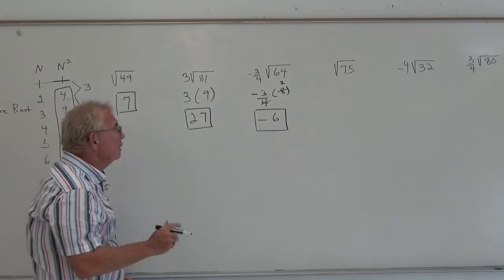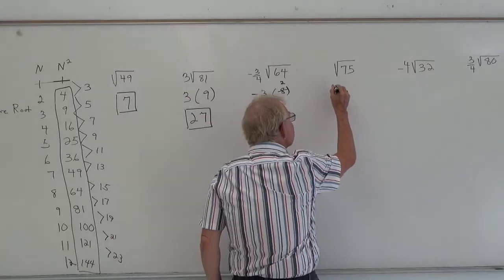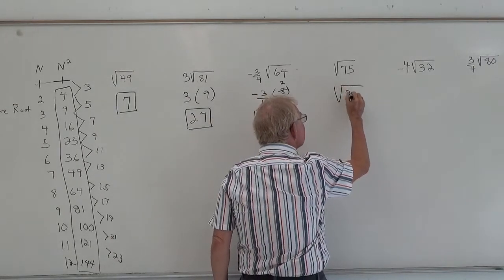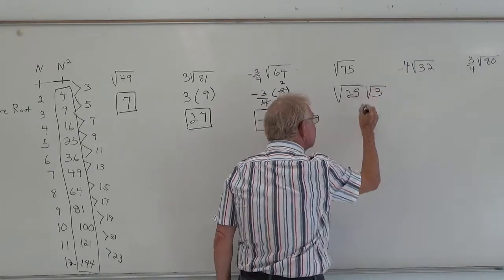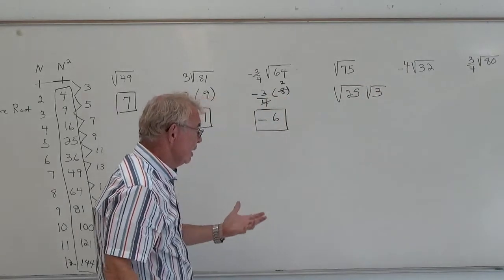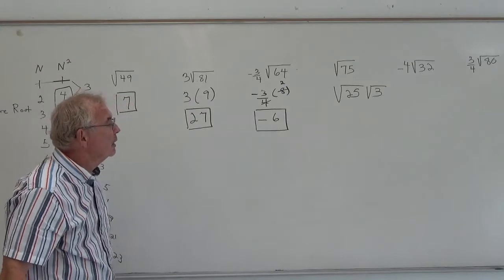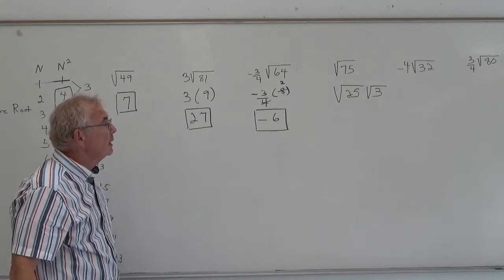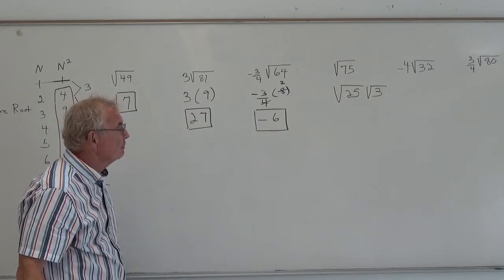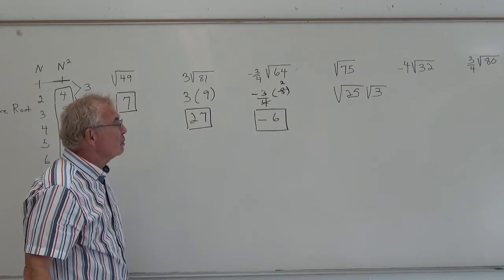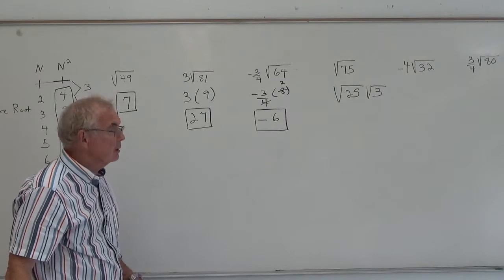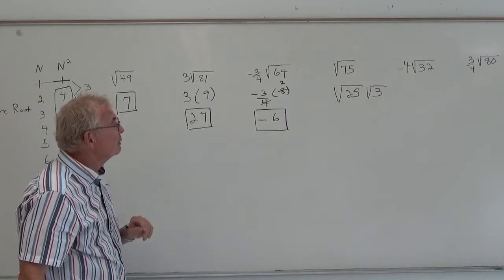So what you do is you write the perfect square, 25, and you write the 3 in back of it, because you're multiplying two numbers under the square root. 25 times 3 is 75. Okay. Now, what's the principal square root of 25? You say, wait a minute, that was 5. You're right.